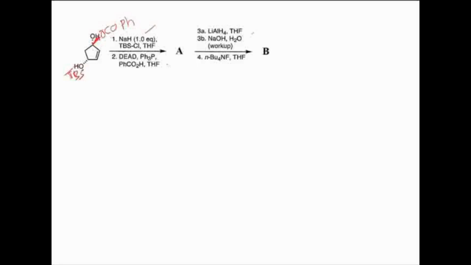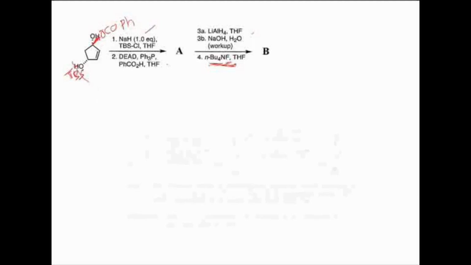Next one is lithium aluminum hydride. So lithium aluminum hydride reduces this ester to alcohol, I'm sorry, ester to alcohol, followed by the cleavage reaction, which cleaves the tertiary butyl silyl group. Fluoride ions are known for the cleavage of silyl groups.